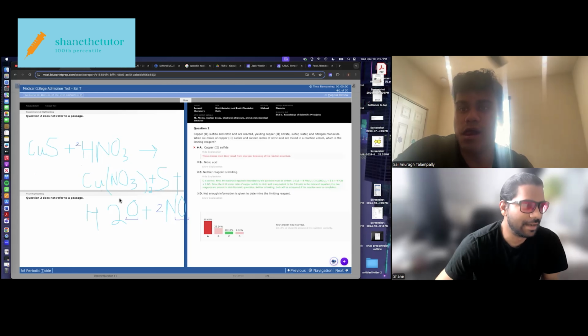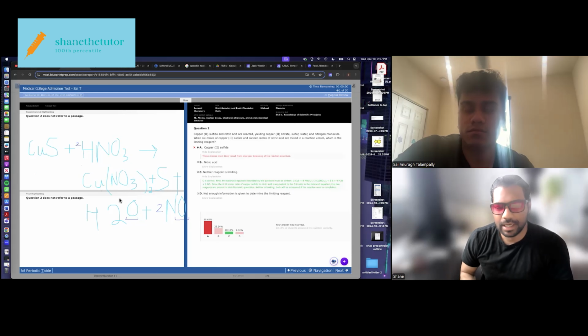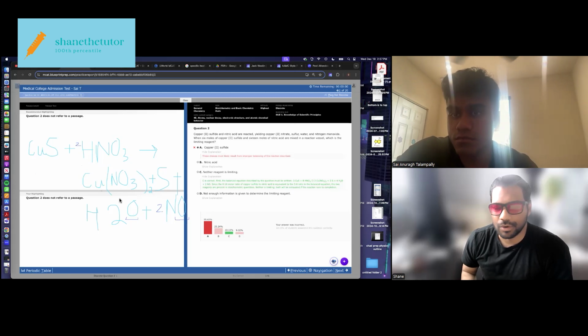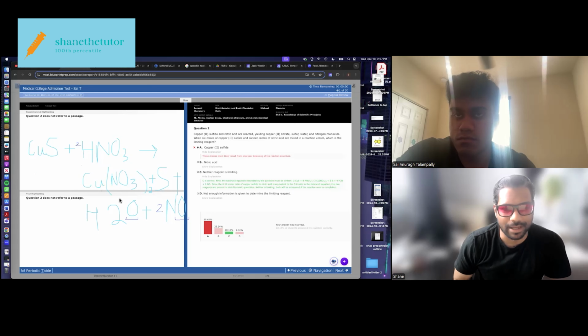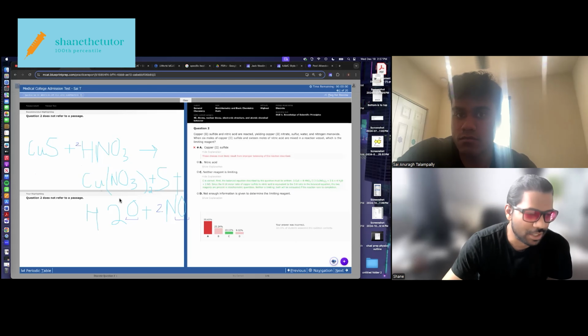Two nitrogens on the left. Oh, sorry, six oxygens on the left. On the right, six oxygens plus two here for eight, plus the H2O has one oxygen, and we aren't going to get an odd number of oxygens. So I would put maybe a two there as well.